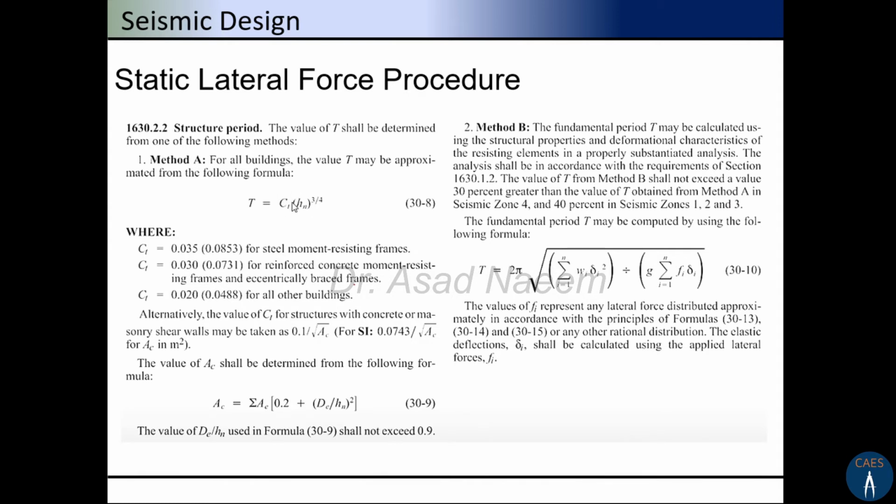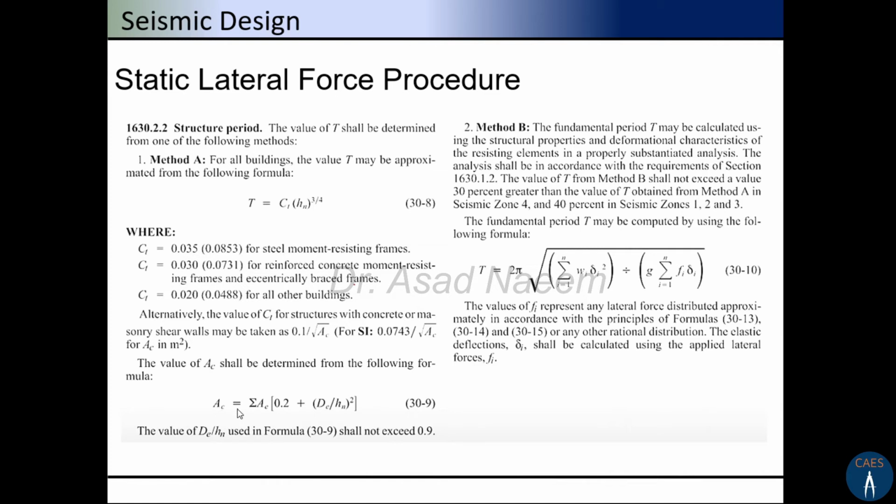To calculate Ct, we have different coefficients. This is for steel moment resisting frame, for reinforced concrete moment resisting frame, and for all other buildings we can use this coefficient. Alternatively, for building structures which have a shear wall, we need to calculate another term, which is 0.1 into Ac, where Ac can be calculated using this formula.